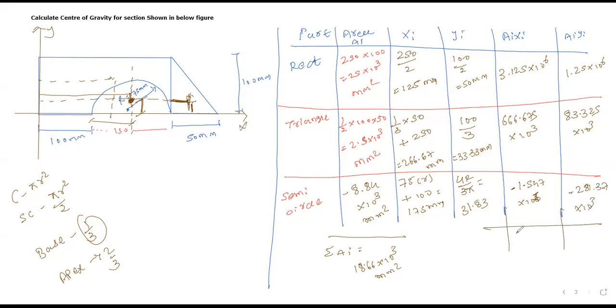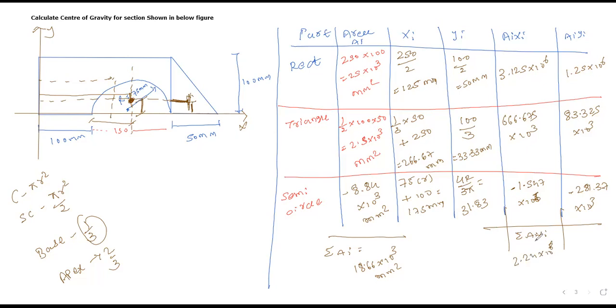So you have to calculate the summation AiXi as calculated in the previous example. 3.125 × 10⁻⁶ plus 666.675 × 10⁻³ minus 1.547 × 10⁻⁶. You will get 2.24 × 10⁻⁶. 2.24 × 10⁻⁶, write the unit, you know it is mm cube.